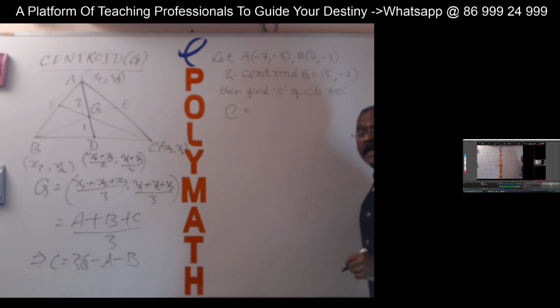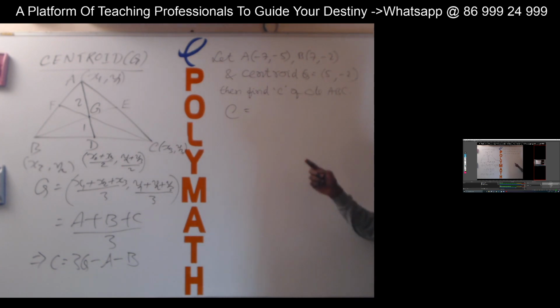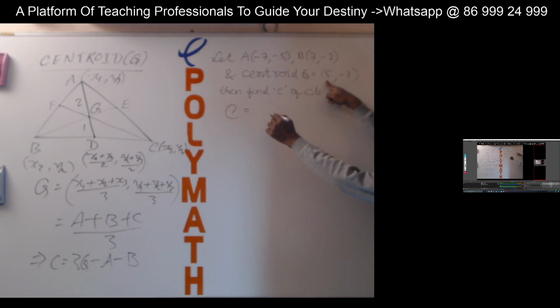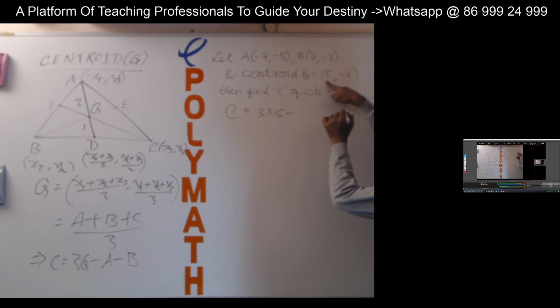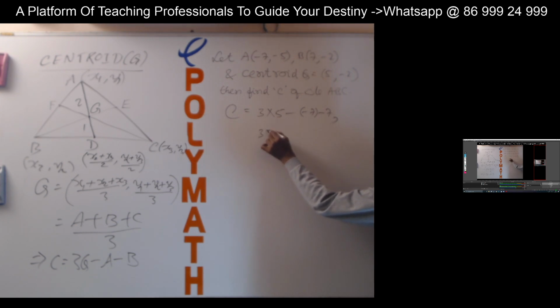C directly. Improve your mind calculation, please. 3 times of G: 3 into 5 is 15, minus of minus 7, plus 7. Comma, 3 into minus 2, minus of minus 5, minus of minus 2.